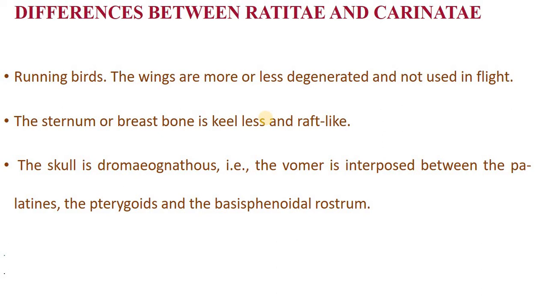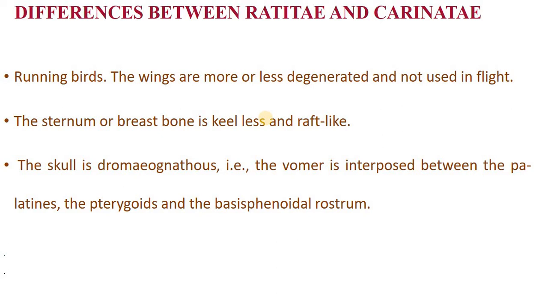Now in the case of the Ratitae, there are no flight muscles because these birds don't fly. So therefore the sternum or breastbone is keelless and raft-like. So here it is not well developed as in the case of the Carinatae.